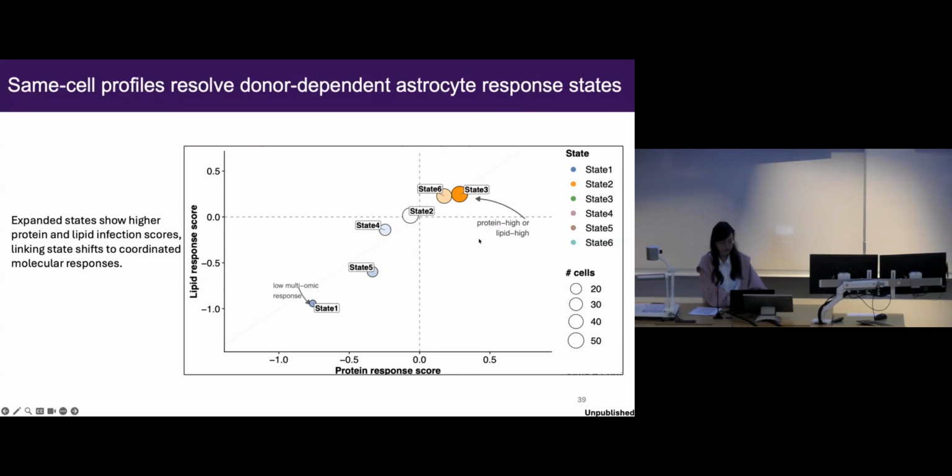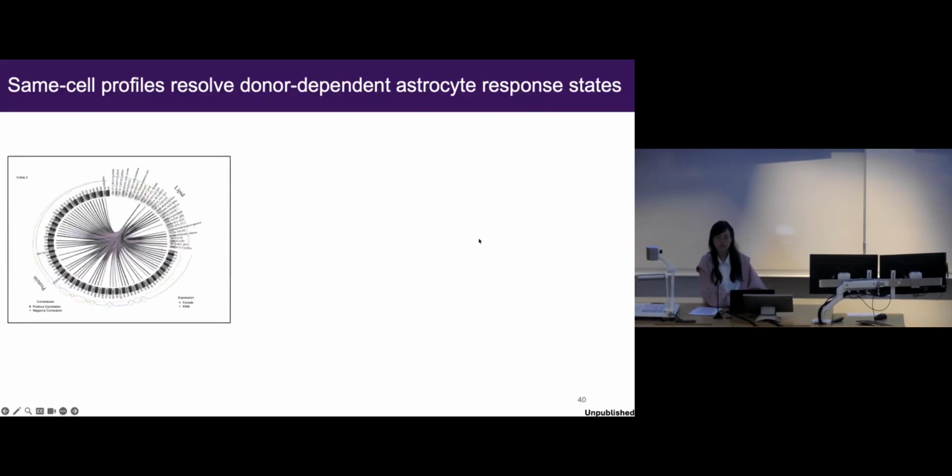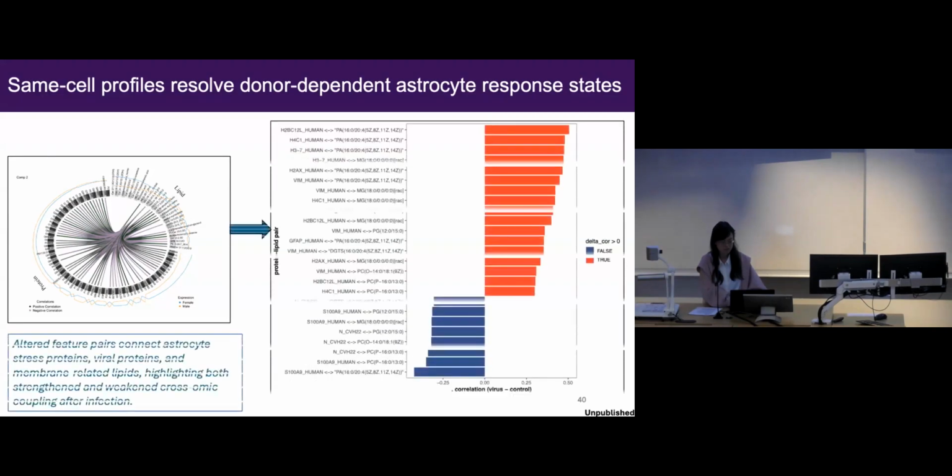Besides that, after the global discovery, we want to look at what happened for the individual features in the infection analysis. After identifying those states, we ask whether there are really infection changes in the relationship between the proteins and the specific lipids.